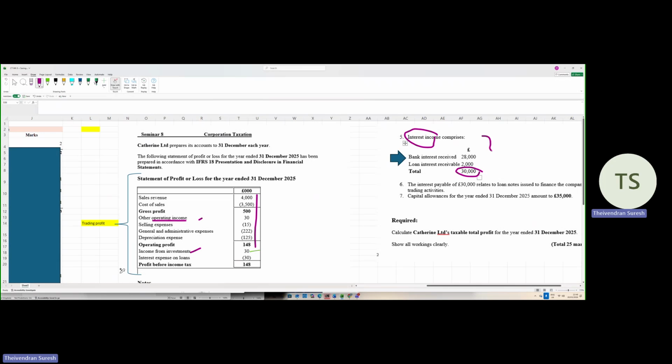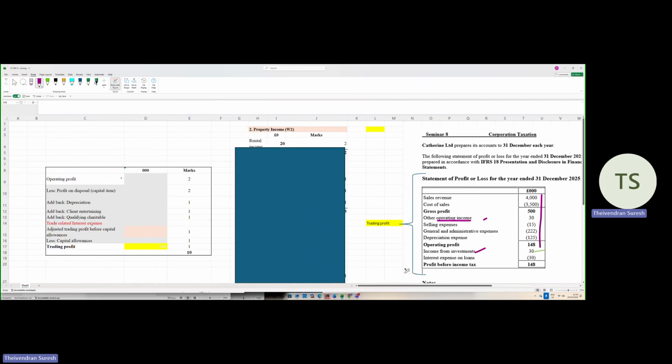Now, when you deal with interest income, we said interest income is of two types. One is trade related. The other one is non-trade related, non-trade loan relationship, NTLR. If it was trade related, I should have had this as part of my working here, operating profit, trade profit.